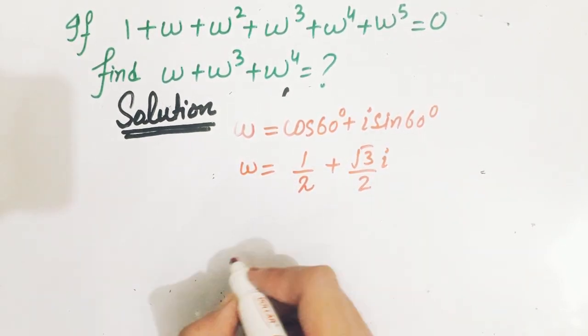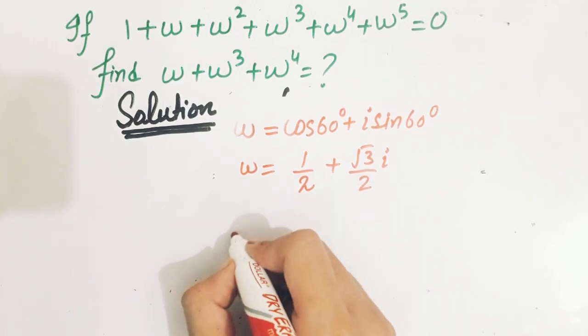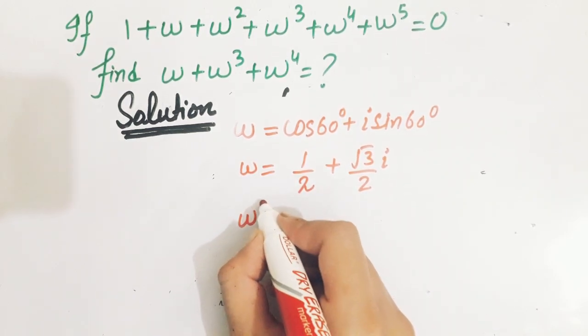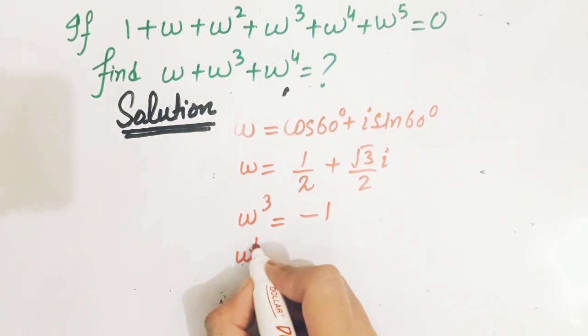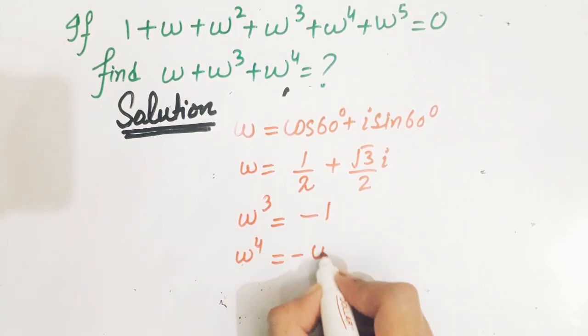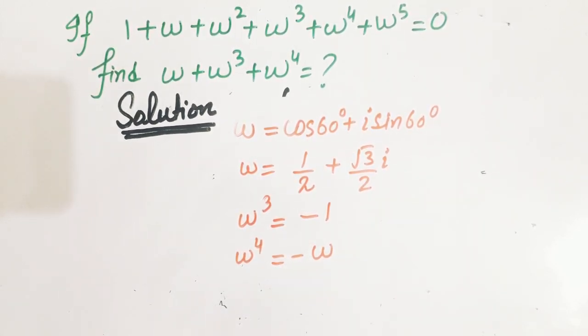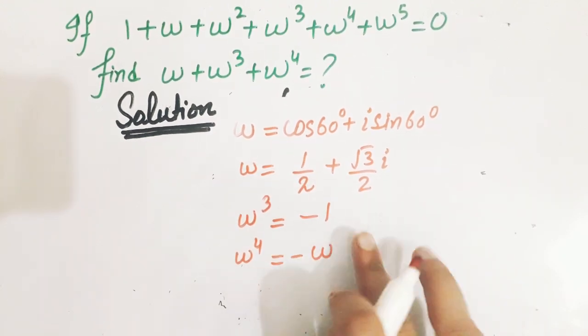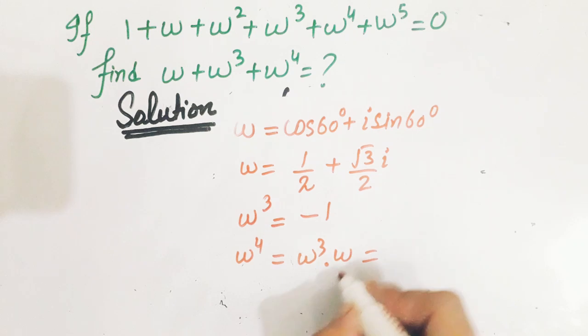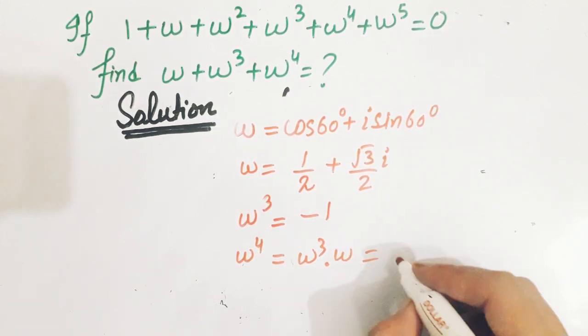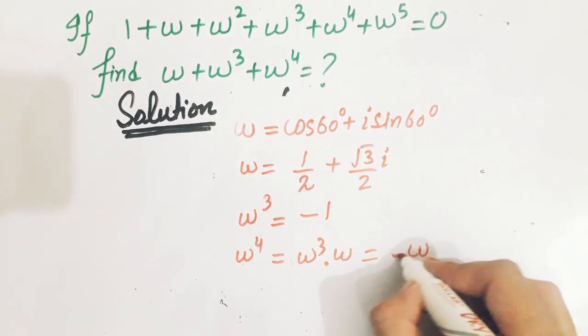So this is the value of omega. Then omega cubed will be equal to minus 1, and omega 4 will be equal to minus omega, because omega 4 equals omega cubed into omega. Since omega cubed is minus 1, it is minus omega.